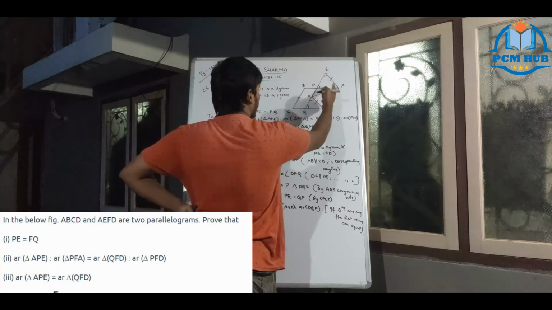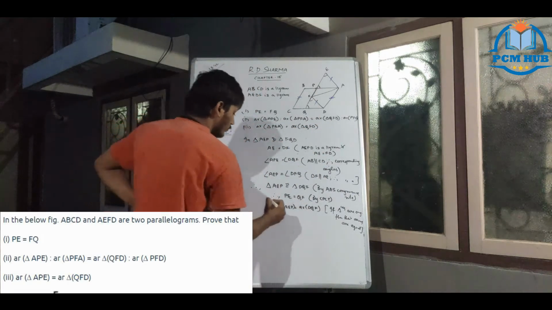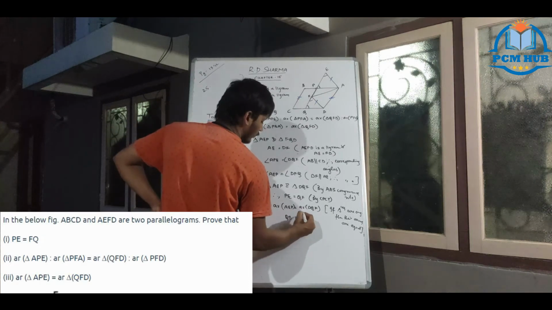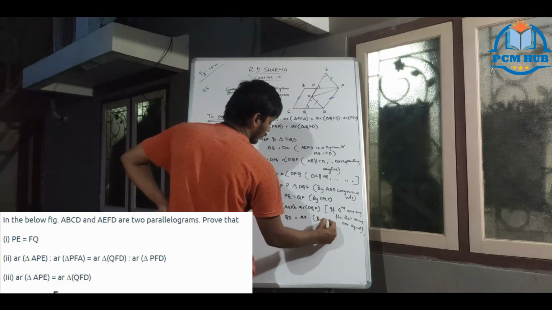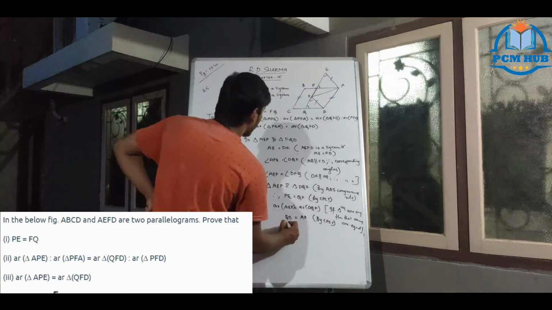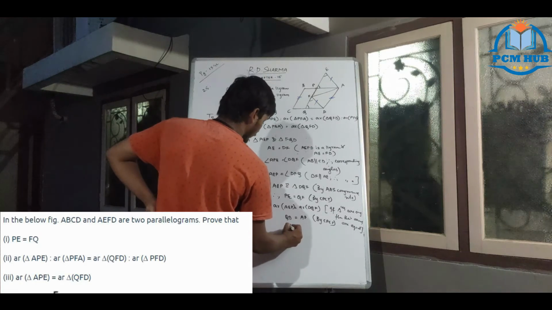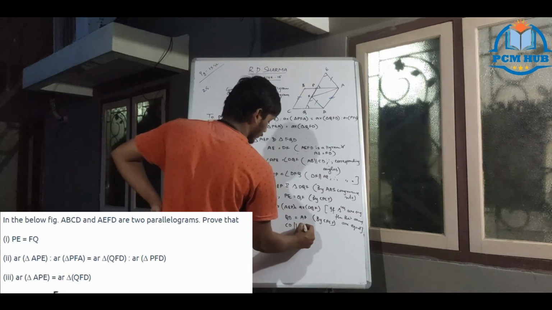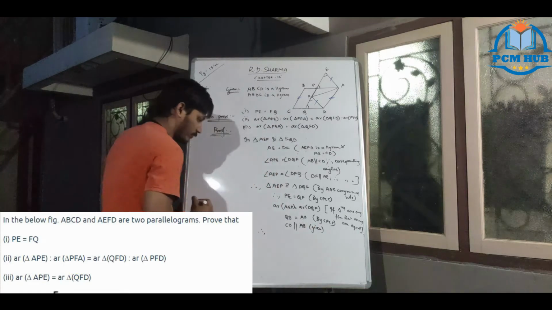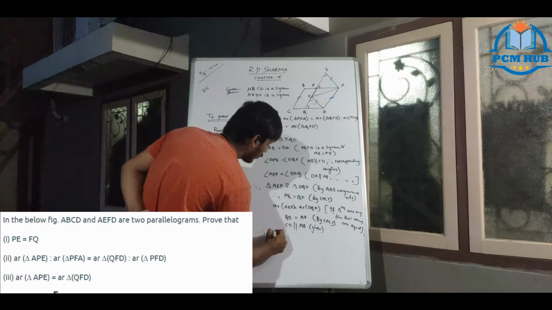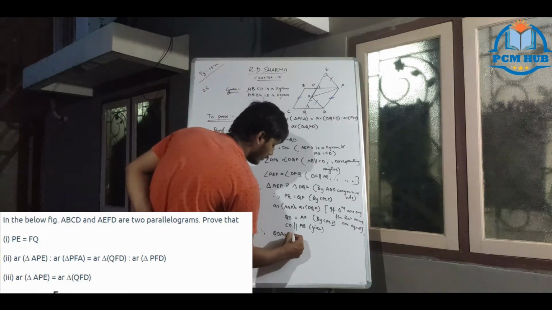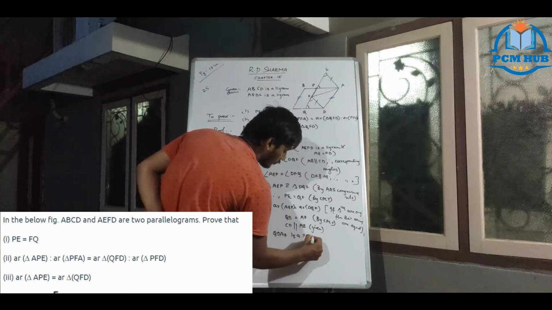And we have QD also equal to AP, also by CPCT. And QD means CD, parallel to AB. This is from given. Therefore, QDAP is a parallelogram.